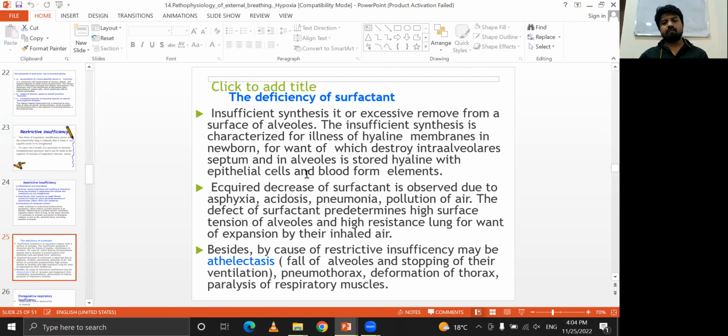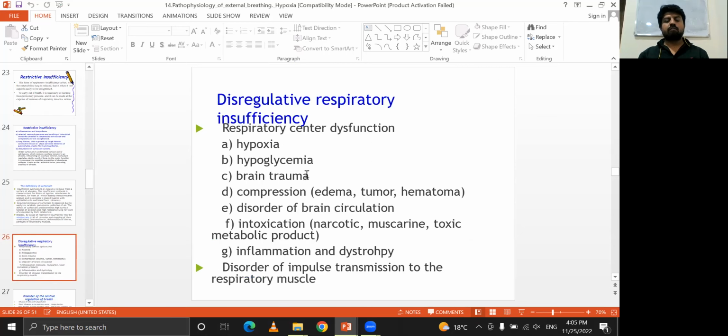Acquired disease of the surfactant is observed due to asphyxia, acidosis, pneumonia, pollution of the air. Also atelectasis follows the alveolar stopping of their ventilation, pneumothorax, deformation of the thorax, paralysis of the respiratory muscles. After that, it is the dysregulation of respiration.